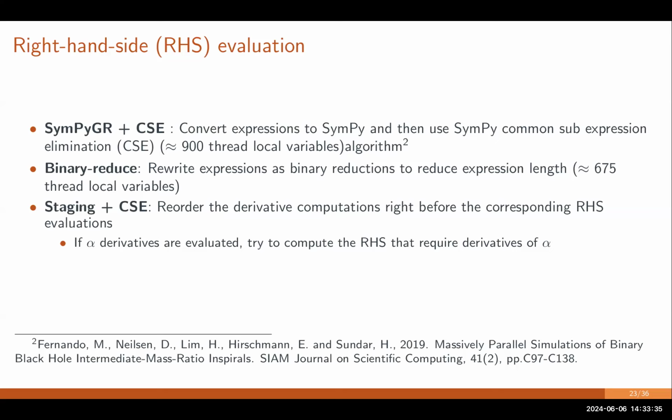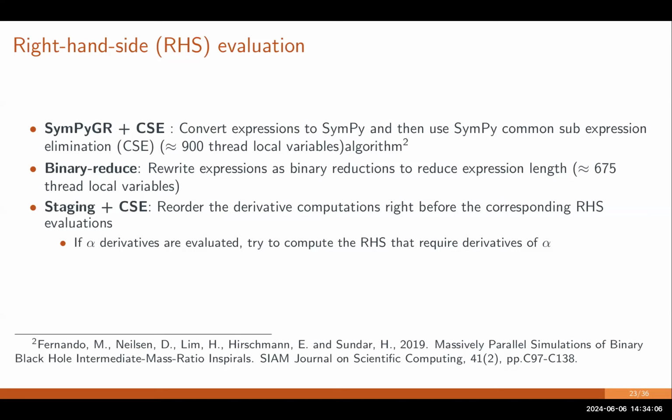In this approach, we get 900 thread-local variables, which magnifies the register spilling. In a CUDA architecture, the maximum number of registers you can use is 255. But if you use all the registers allocated for the thread, it will reduce the GPU occupancy, which leads to bad performance.